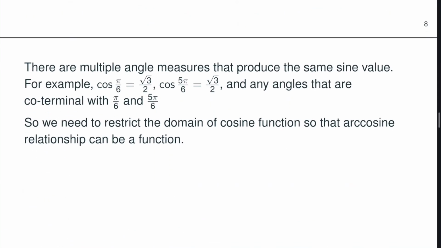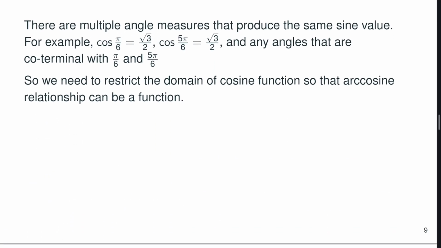Similar to arcsine, the same issue happens: if I put in cosine of π/6, I get √3/2, and if I plug in cosine of 5π/6, I get the same value in magnitude, and any coterminal angles too. So again, we need to restrict the domain of the cosine function so that our cosine relation can be a function.